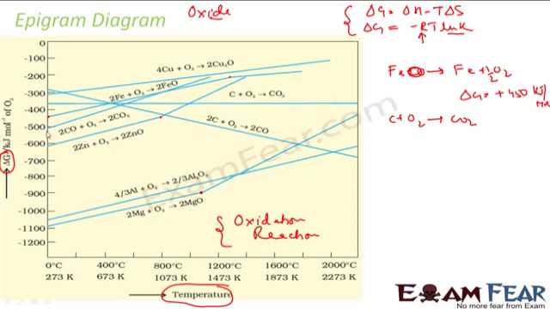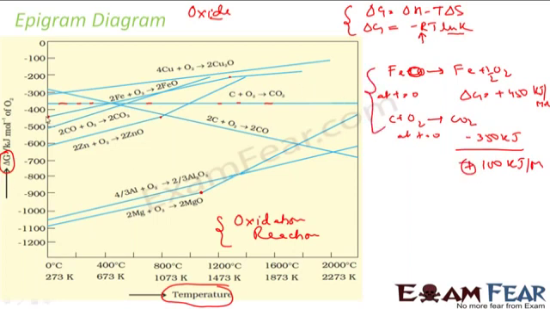Similarly for carbon plus oxygen, this line, let me put in red. At T equal to 0, the value is minus 350. So if you add these two, what you get is 100 kilojoule per mole. It is still positive, that means even if you club these two reactions, the reaction won't happen at T equal to 0.